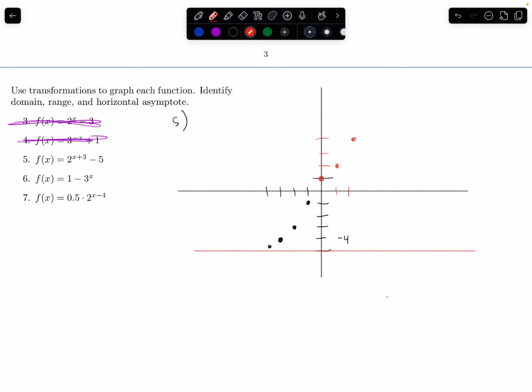So here that's 1, 2, 3 up from the original starting position, yeah? And then to the left, you're down at a half. So this is the same shape here as over here. Okay, let's connect the dots here. So there you go. That's in purple, our final result here of 2 to the x plus 3 minus 5.